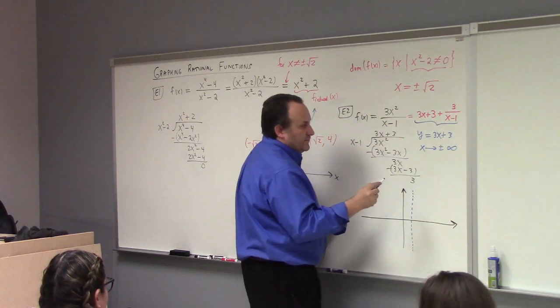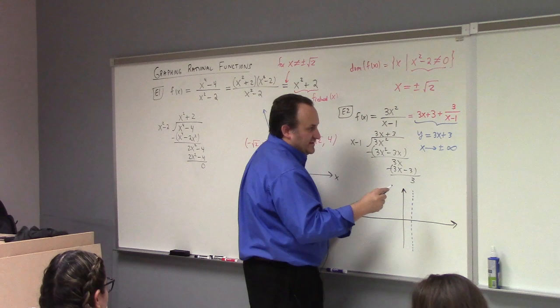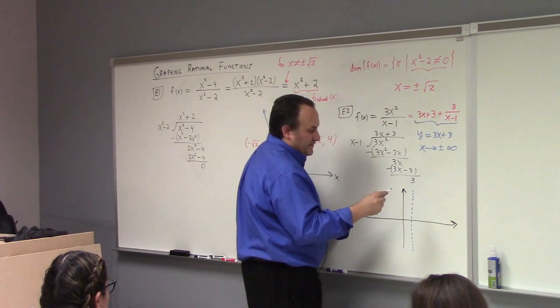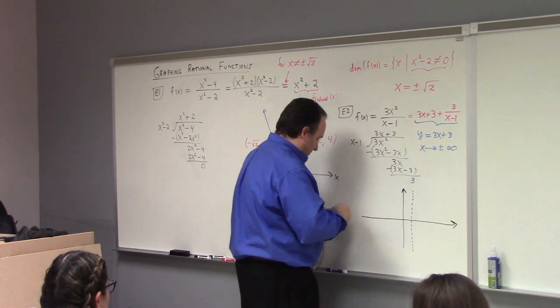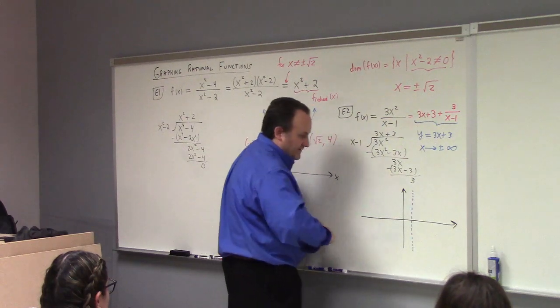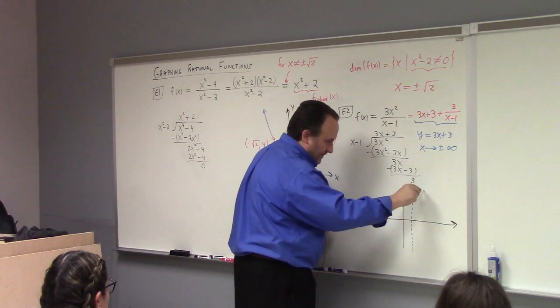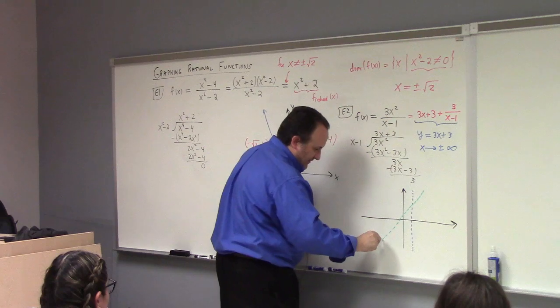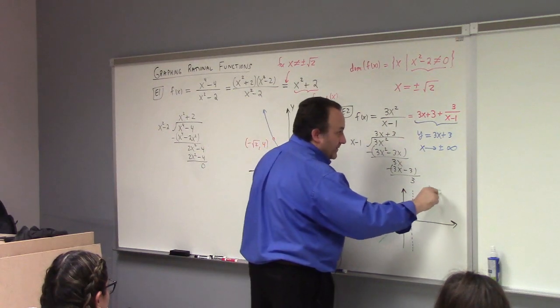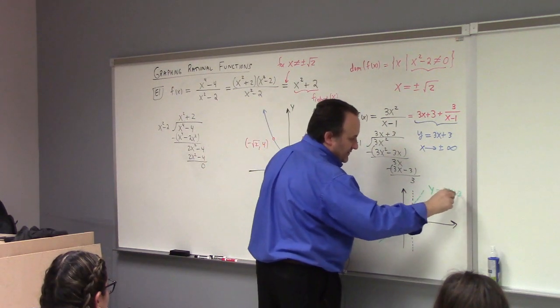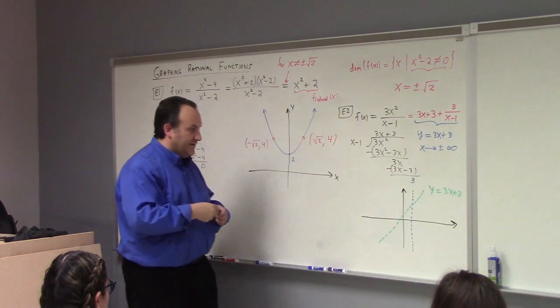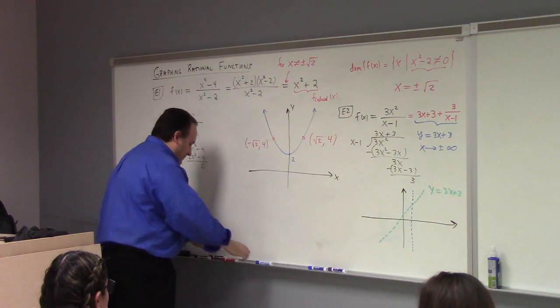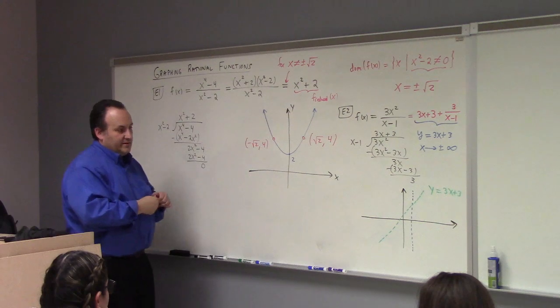And let's see here. Y equals 3x plus 3 is something like this. I'm not going to do it quite to scale, but it's something like this, okay? So y equals 3x plus 3 is actually what's called a slant asymptote for the graph here. I'm going to graph this one in red because I already used blue and green.